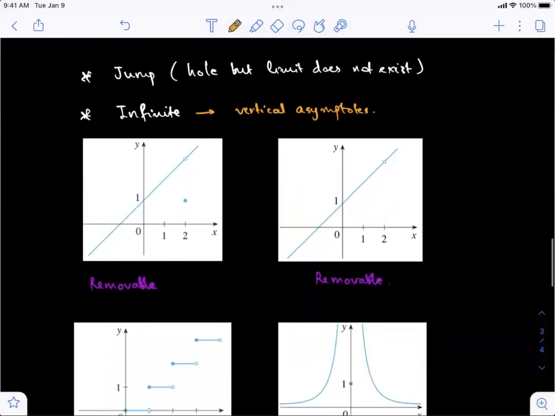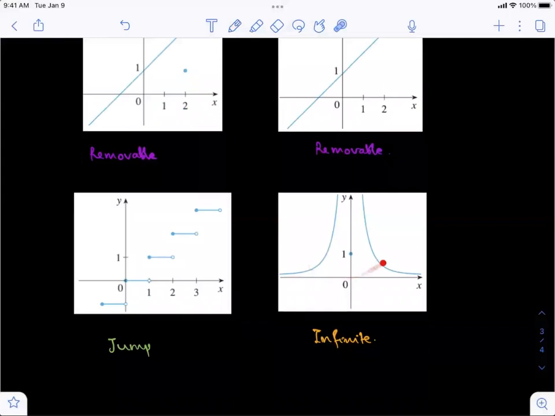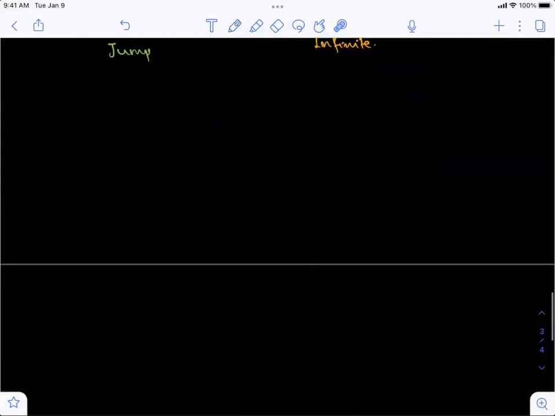We call these infinite limits, which help us find vertical asymptotes. In this particular example, x equal to 0 is a vertical asymptote of the function. Now we move on to limit at infinity.